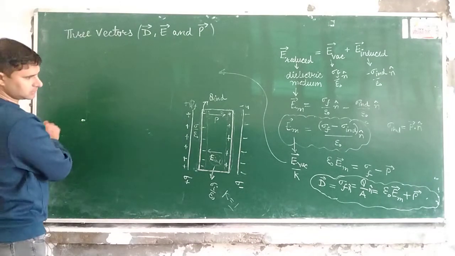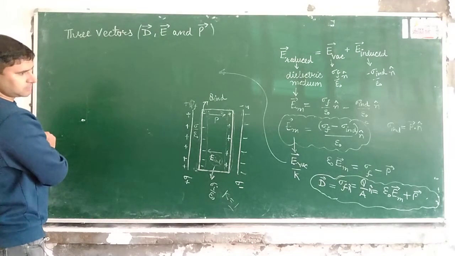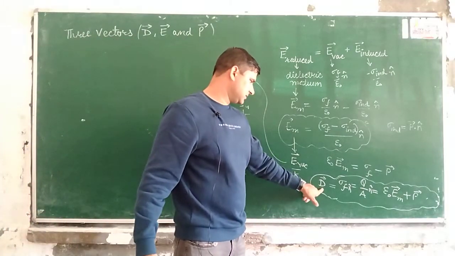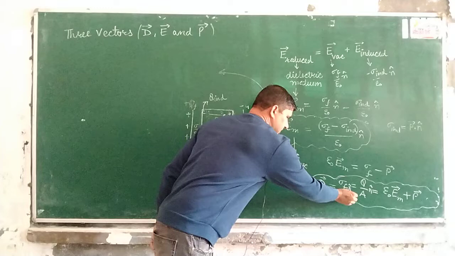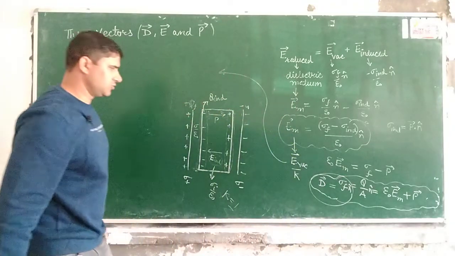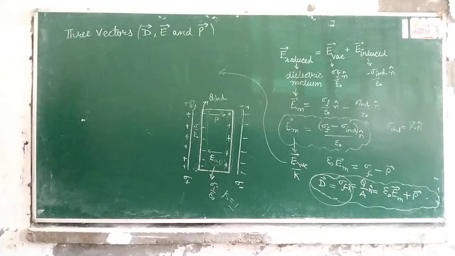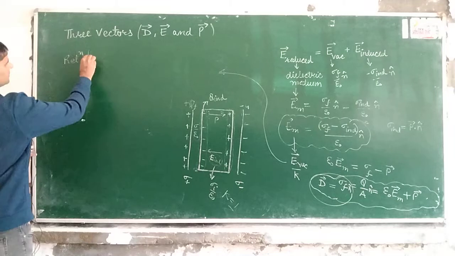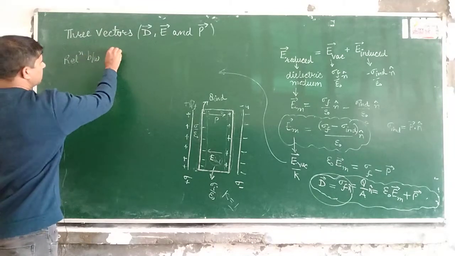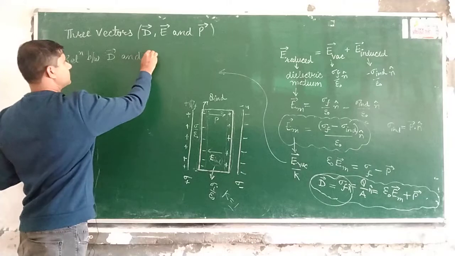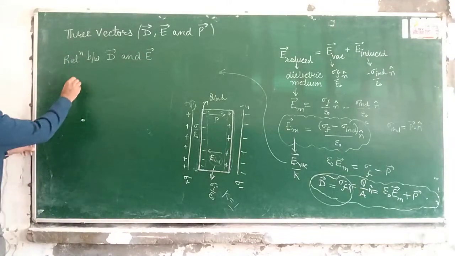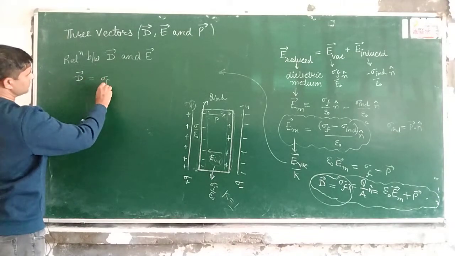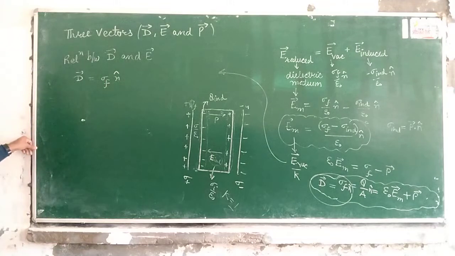If you compare the value of D and E, then you will get a relation between vector D and vector E. Here we have seen that vector D is equal to sigma free and unit vector n.